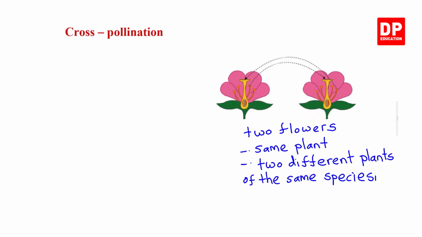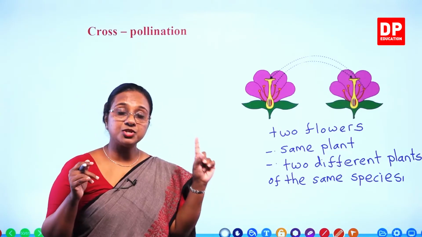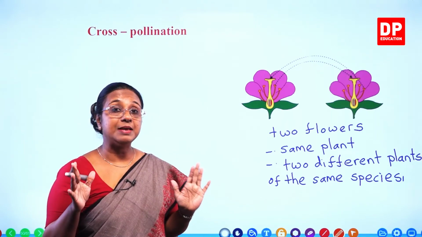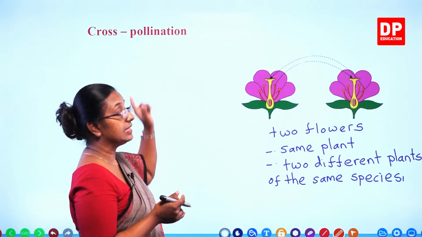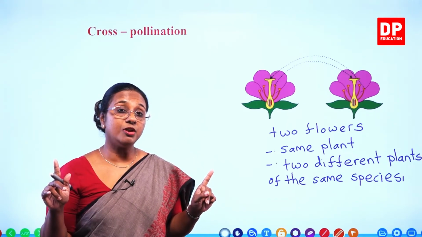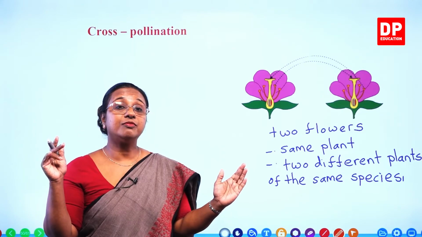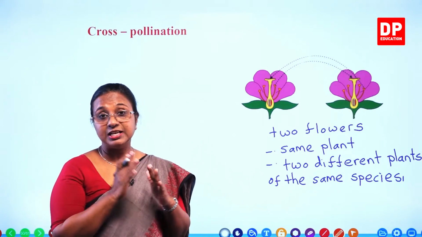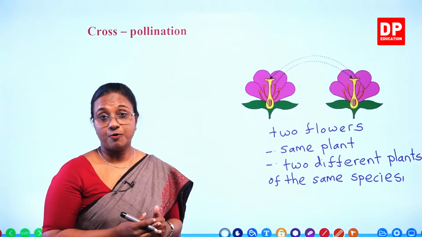Two plants of the same species. So it can be flowers of one plant or flowers from two plants of the same species. Both are considered as cross-pollination. Why? There are two flowers involved. So characteristics from two flowers, two plants, they can mix together, new species can form.